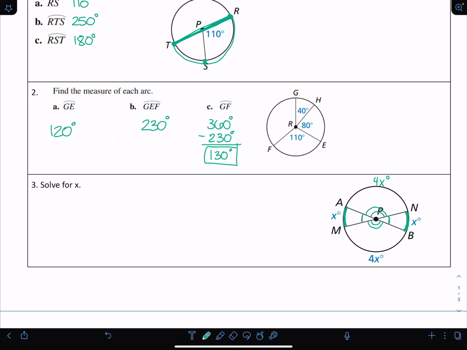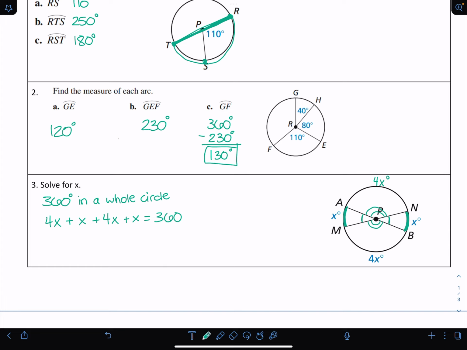Then we want to figure out what x actually stands for. You could do it a couple ways. I like to use the fact that it's all going to add to 360 degrees because there are 360 degrees in a whole circle. So we can add all of these measures up and make it equal to 360. So 4x plus 4x plus another x is equal to 360.